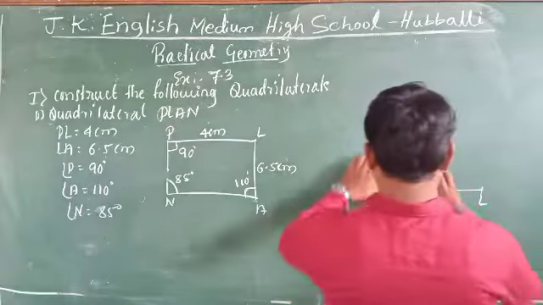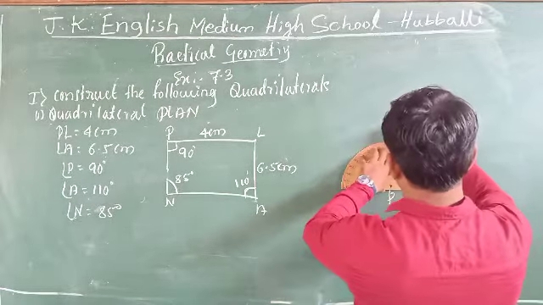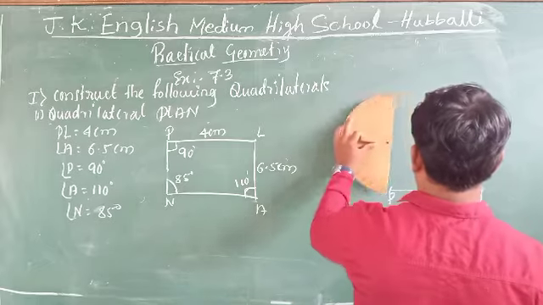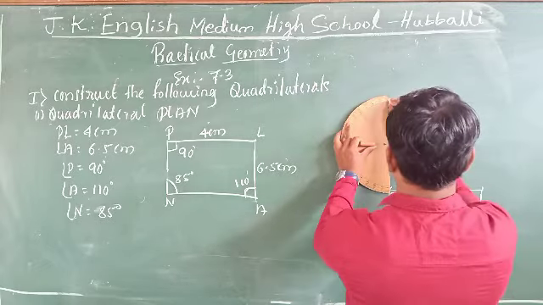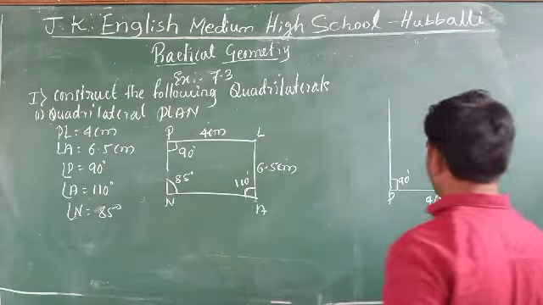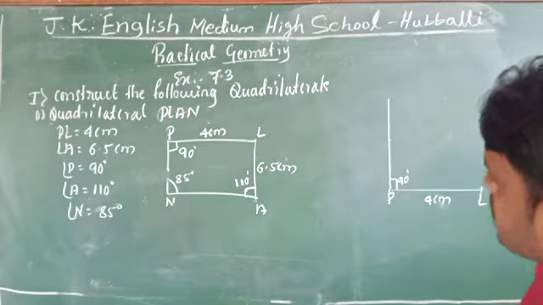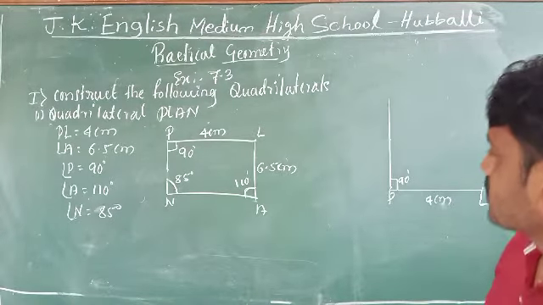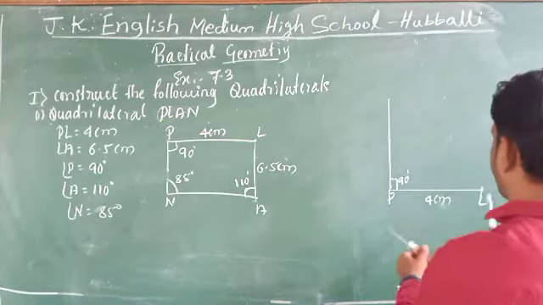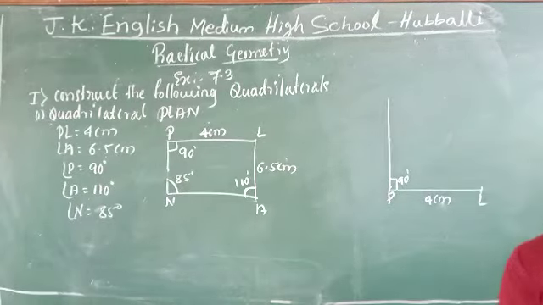Angle P is how much? 90 degree. Draw a straight line. So angle P is 90 degree. But from L to A, how much is that one? 6.5 is there.